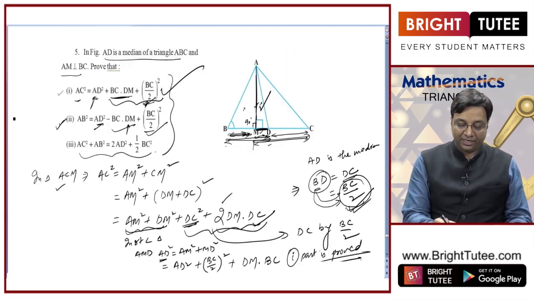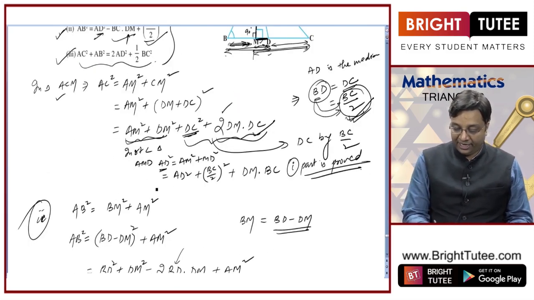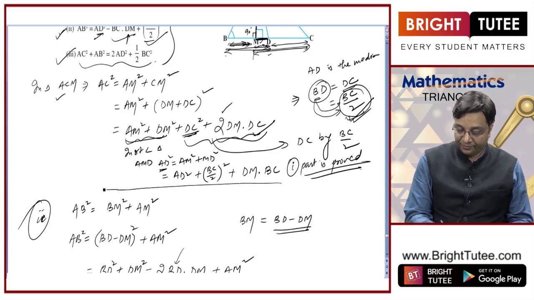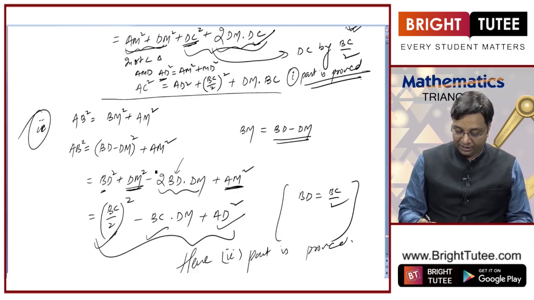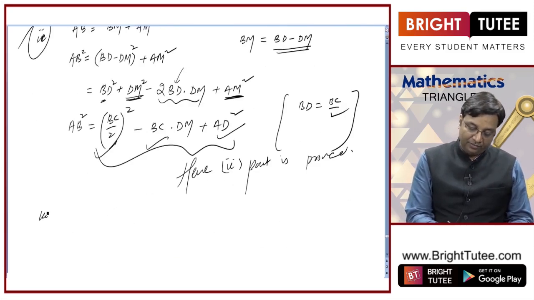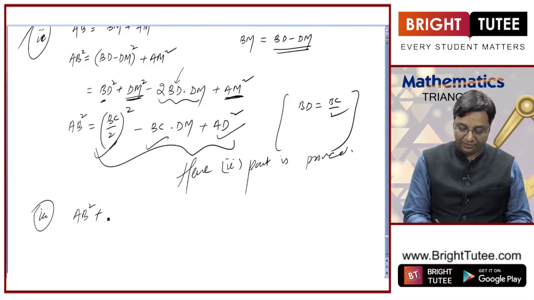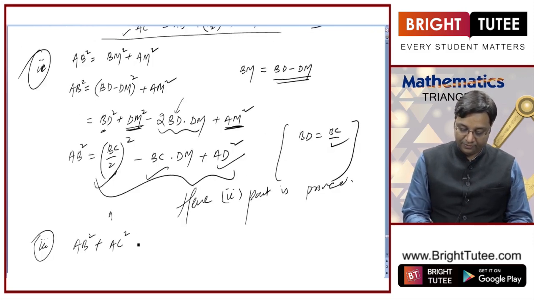Now for the third part, I already told you, you do not have to do anything. Just add the result that you got here for AC square and the result here that you got for AB square. So for the third part, I am adding AB square plus AC square, right?